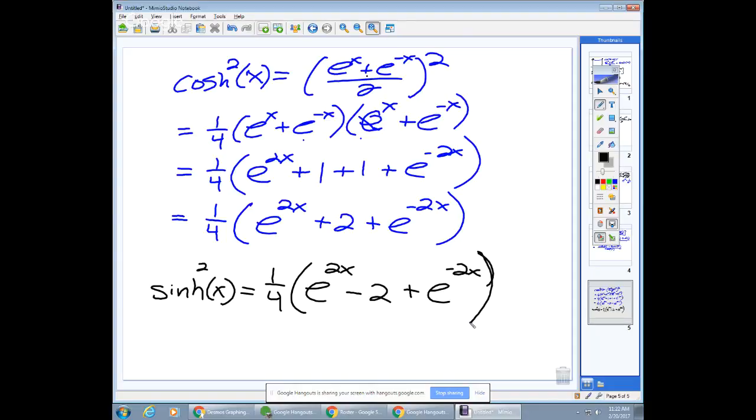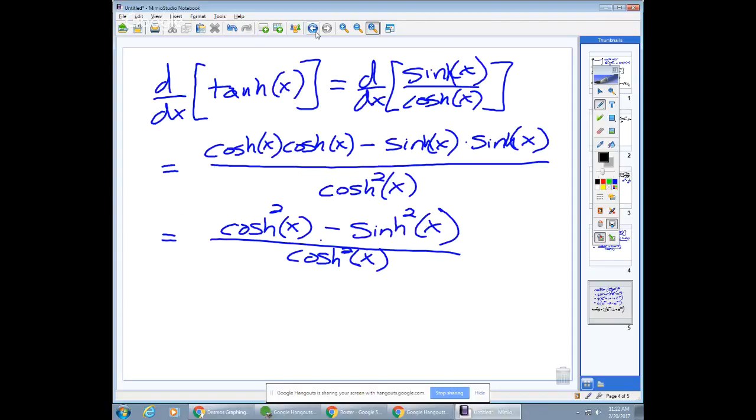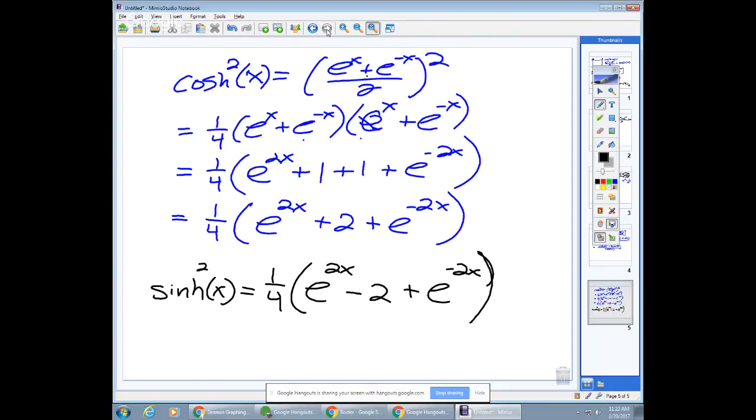And again, there are different ways to manipulate this, but I'm going to stick with this for now. And the previous equation for the derivative of the tangent said we need to take the sinh squared away from the cosh squared. Okay, so I want the blue thing minus the black thing. All right, so the 1/4 is chilling out front, agreed, because they both have it. So let's switch color. I'm trying to take the cosh squared minus the sinh squared.